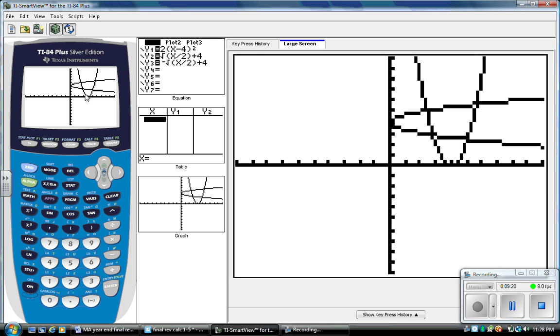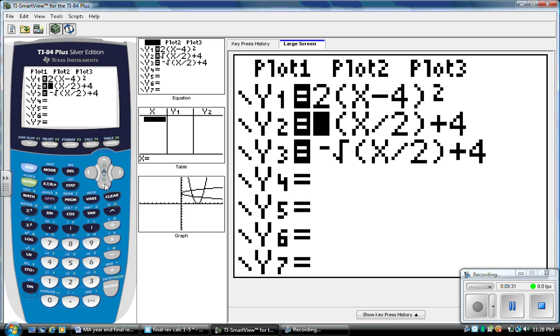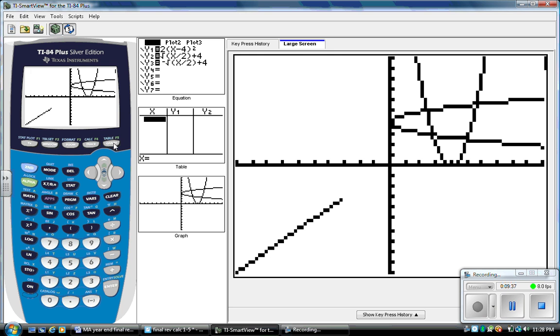This was our original machine right here. This is our inverse. And if you remember, a graph and its inverse should reflect over the line y equals x. So if I add in the line y equals x, you can see how it slices through there perfect.